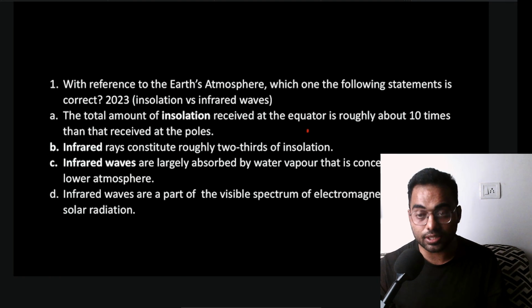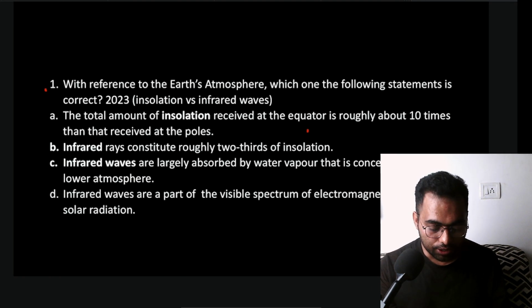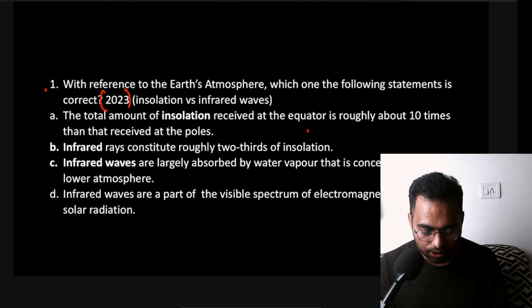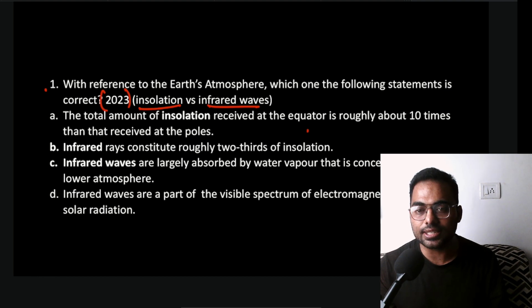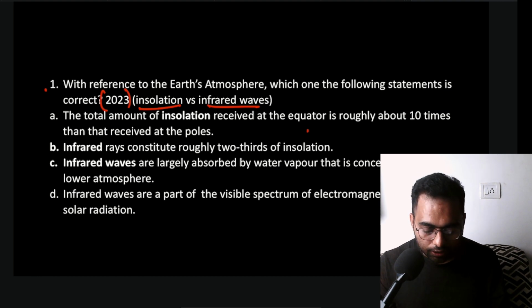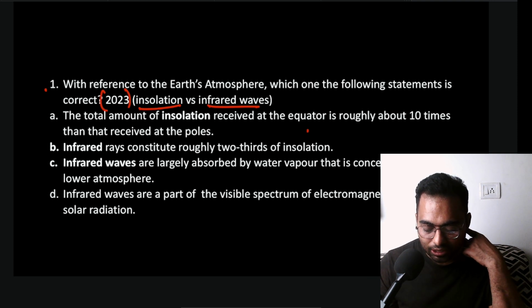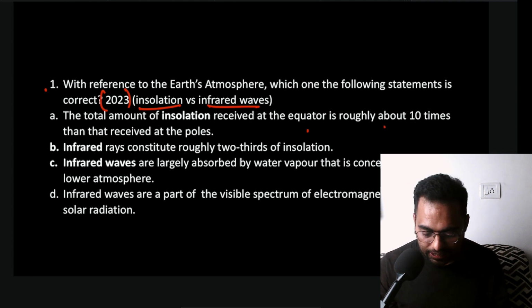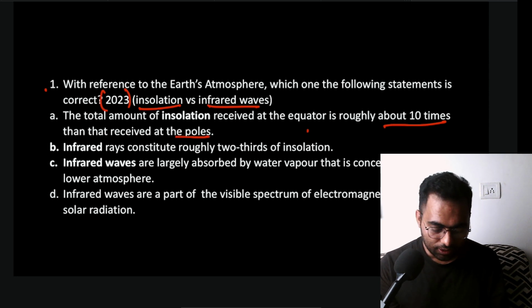All right, let's look at the second question. The second question is from the year 2023. It's about insolation versus infrared rays. With reference to Earth's atmosphere, which one of the following statements is correct? The total amount of insolation received at the equator is roughly about 10 times that received at the poles. No. As we just discussed, it was about 2 to 2.5 times, right?